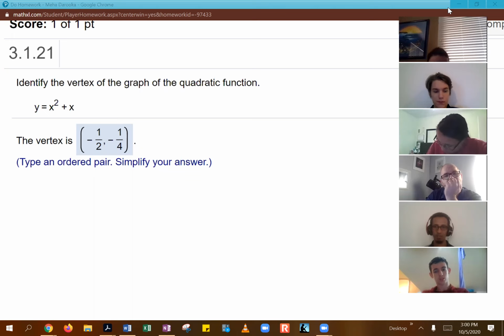Usually for the vertex, we do not deal with imaginary numbers, because remember, for these, we try to keep our domain and range within the real numbers. So you're only going from negative infinity to positive infinity. So that means you will not be able to have i or imaginary numbers for any of these values.